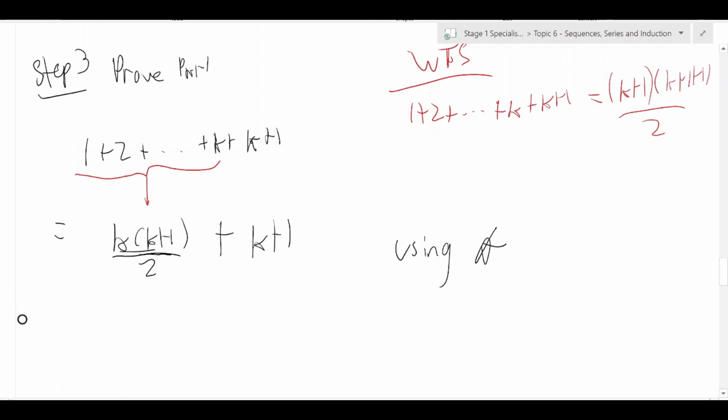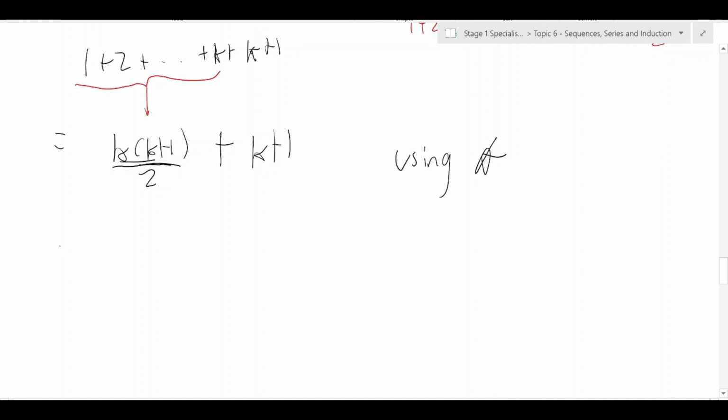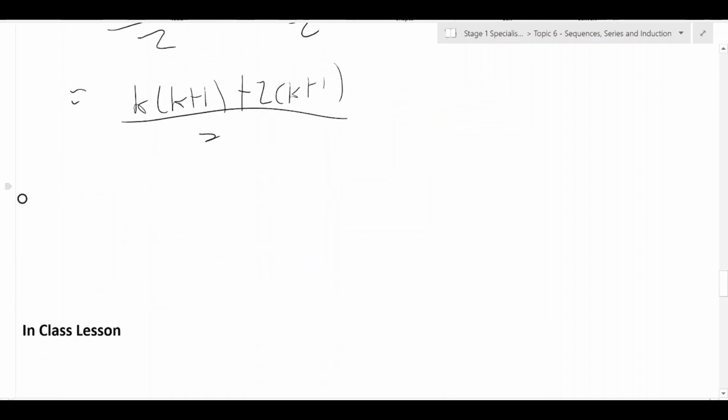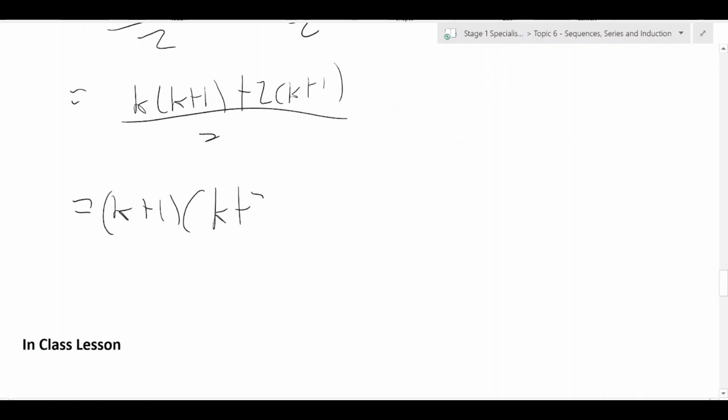And then from here it goes pretty much exactly like our last induction went. k(k plus 1) over 2 plus 2(k plus 1) over 2. Then we write all (k plus 1)(k plus 2) over 2. We pull out our common factor of k plus 1. And we're done.